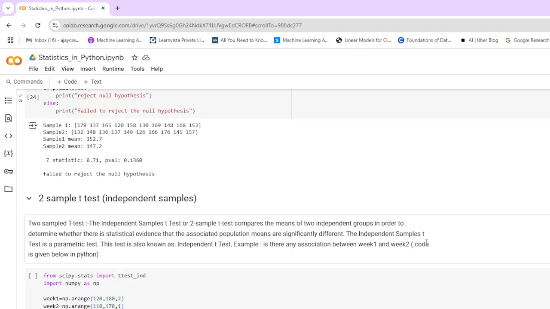The independent samples T test is a parametric test. A parametric test considers data to be normally distributed.